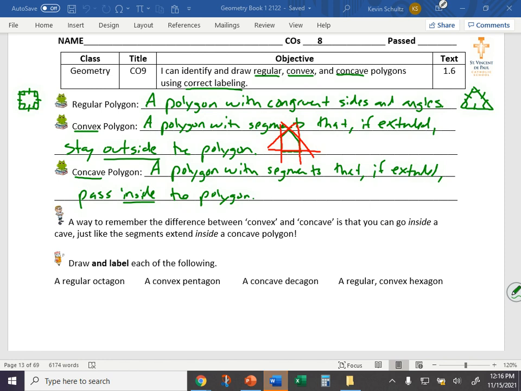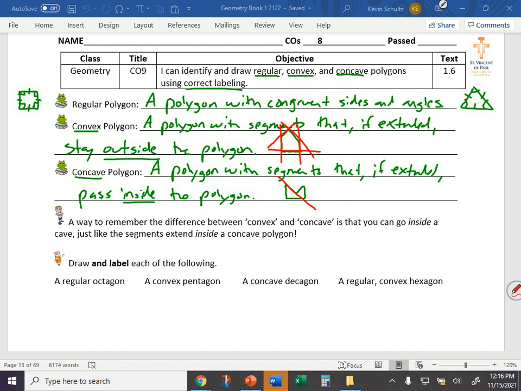So if we look at another type of pentagon, one like this, perhaps, where that top triangle is going inside versus going outward, like the other one is. Notice that if we extend this segment here, it passes through the pentagon. That would be a concave polygon.